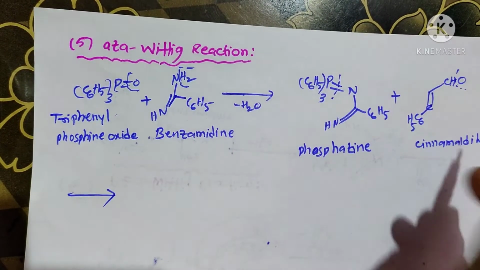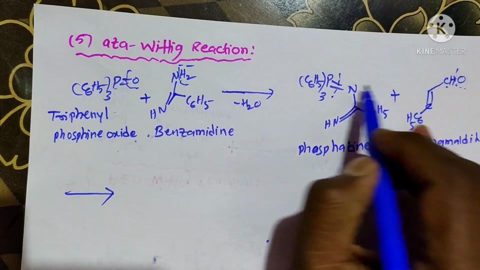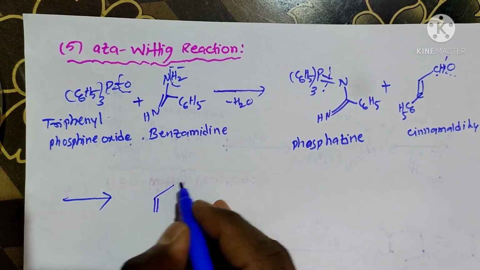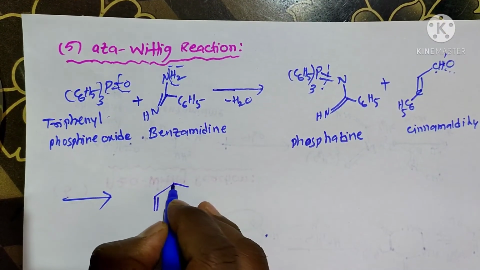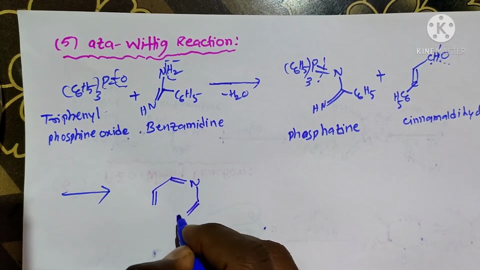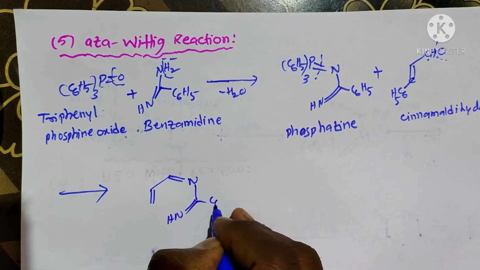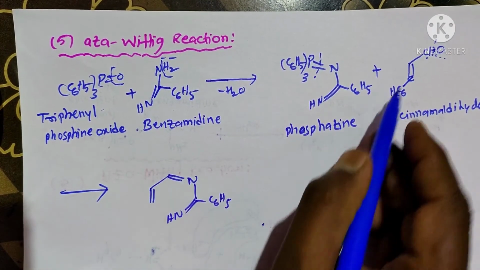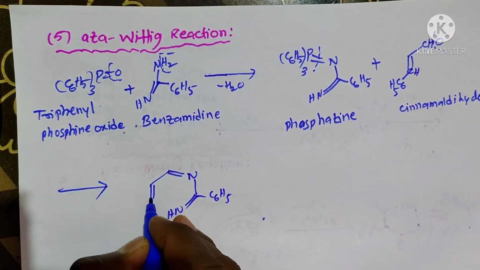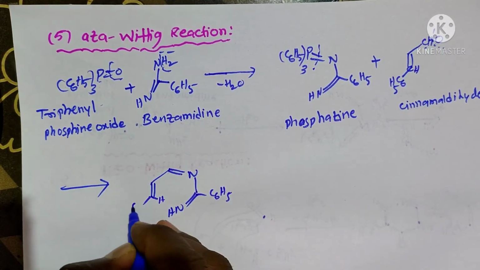As a result, a double bond is formed between this carbon and this nitrogen. And here we have one hydrogen, I forgot to write. So here one hydrogen is there, and here phenyl group is there.